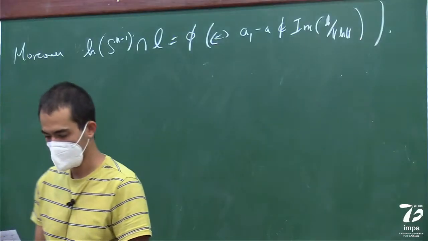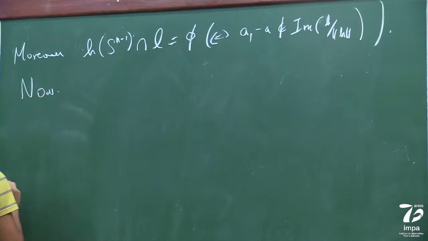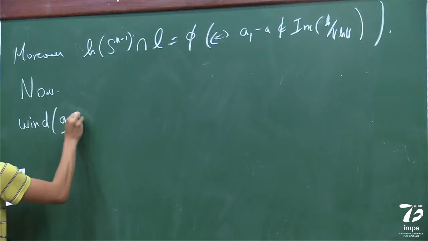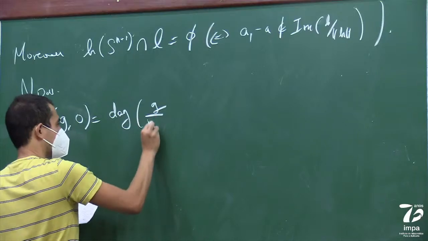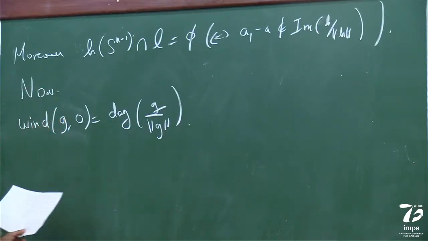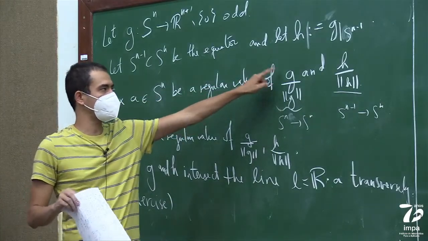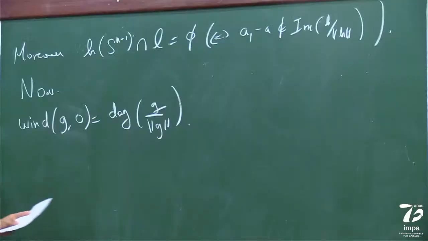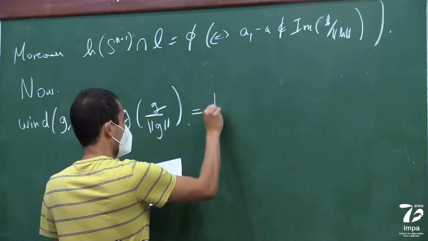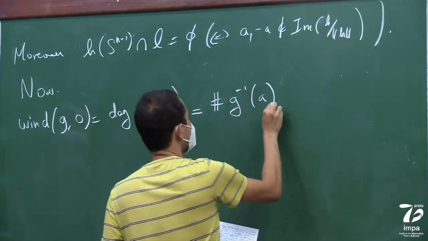Okay? So now we can compute the winding number of g with respect to 0, and that's going to be the degree of g over norm of g. And because a is a regular value of g over norm of g, I can just look at the number of preimages of a.